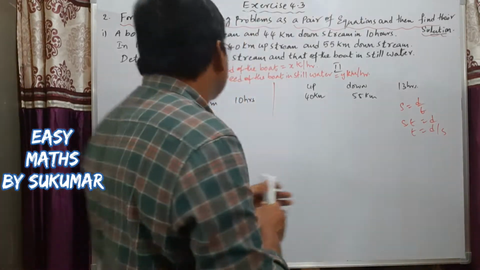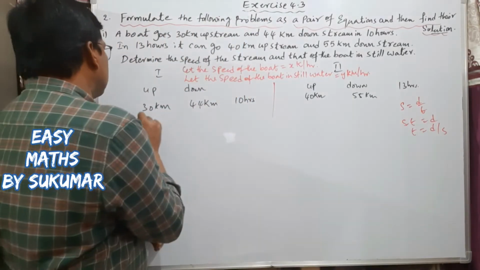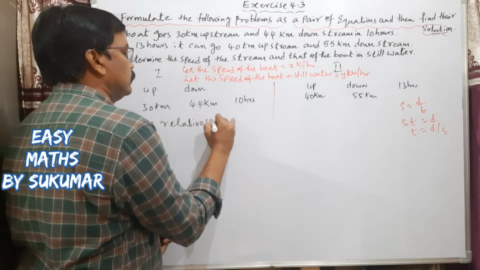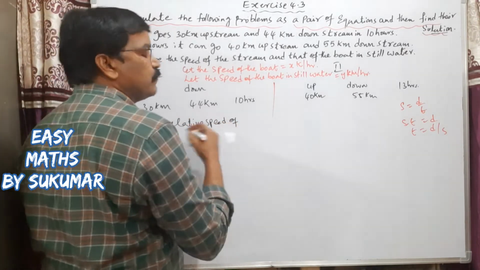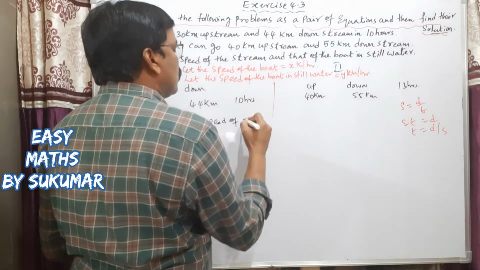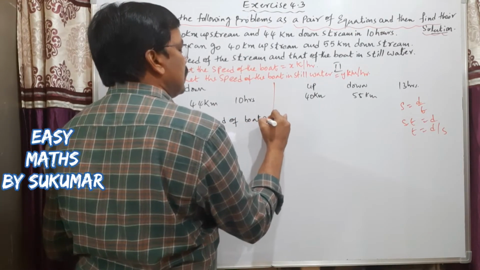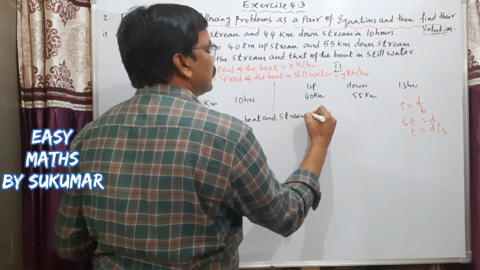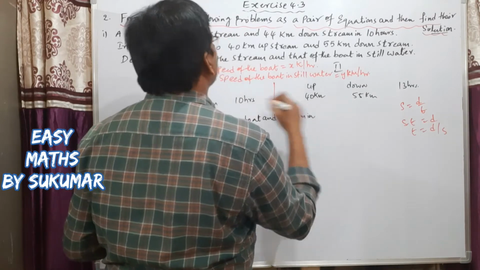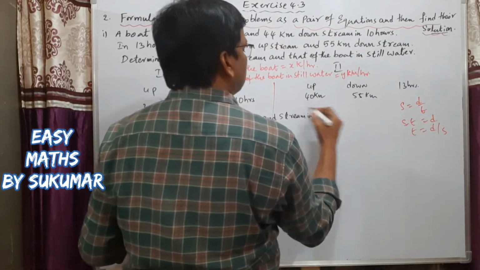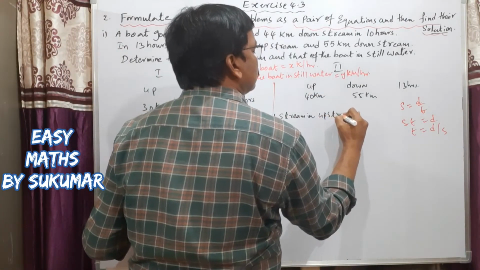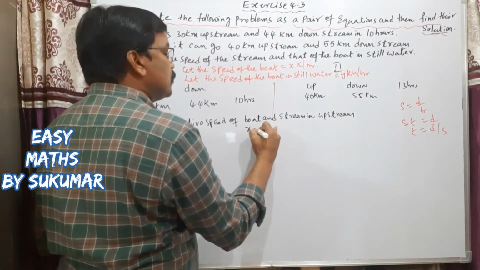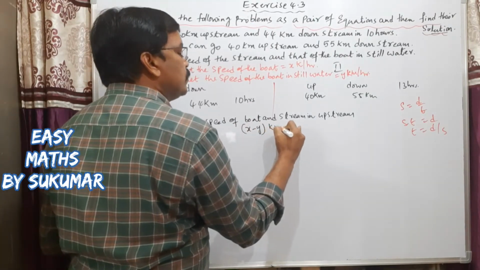So my dear students, the relative speed of boat and stream in the upward direction, that means upstream, is x minus y kilometer per hour.